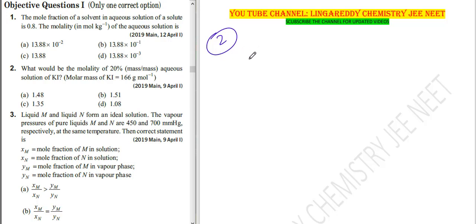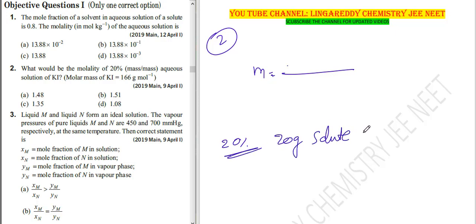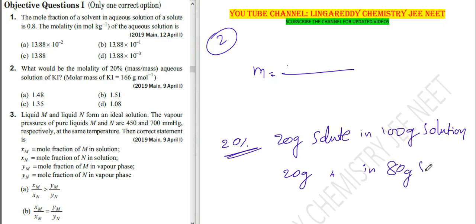Here again molality is asked. What does 20% mean? 20% means 20 gram solute in 100 gram solution. At the same time, I can write 20 gram solute in 80 gram solvent, right?